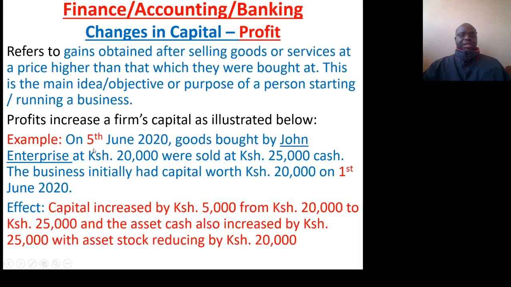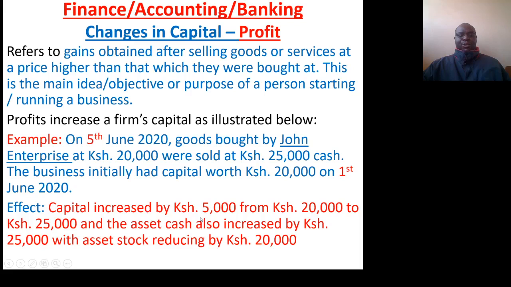An illustration: on 5th of June 2020, goods bought by John Enterprise at 20,000 shillings were sold at 25,000 shillings in cash. So the business initially had capital worth 20,000 on 1st of June. So that transaction will have this effect. Capital will have increased by 5,000 from 20,000.